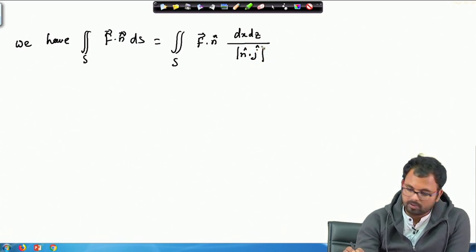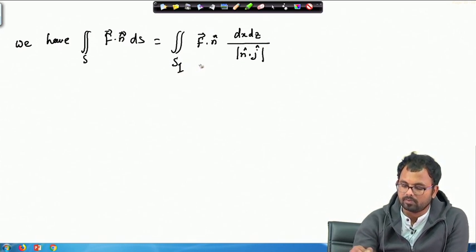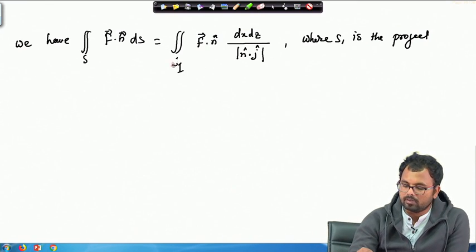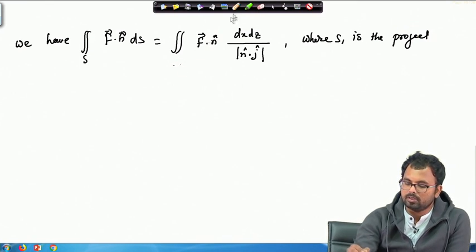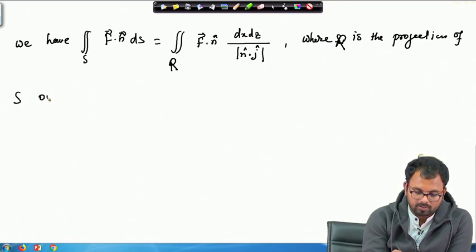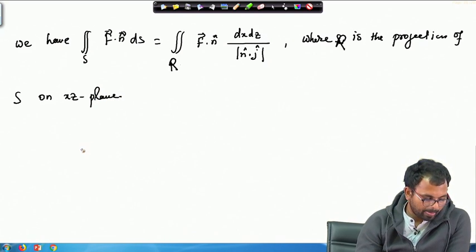So this is our required dot product, where S for the surface and R for the region, where R is the projection of S on the xz plane.